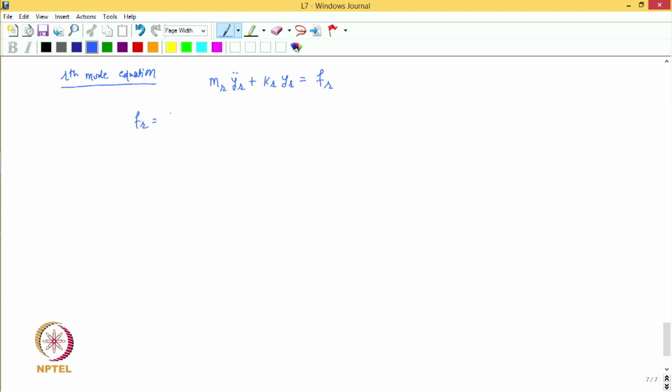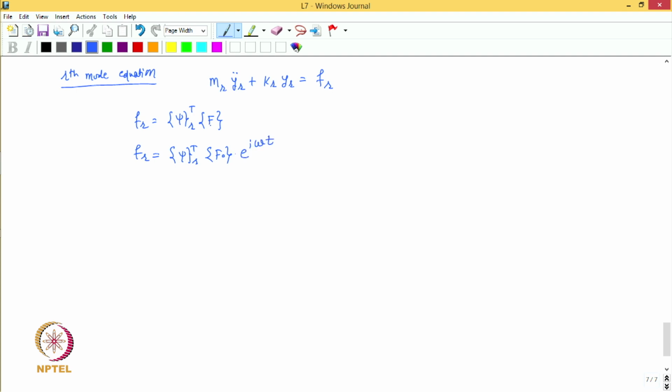Fr is nothing but the dot product between the rth eigenvector and the force vector. And therefore, if I take the force to be a complex exponential force, then the Fr can be written as psi r f naught e to the power i omega t.